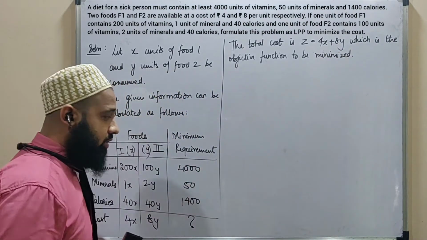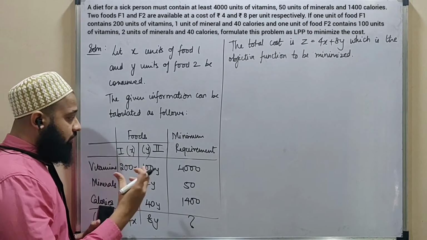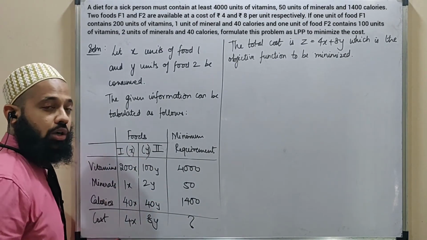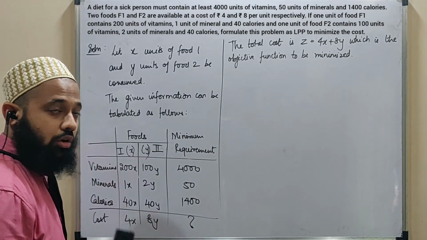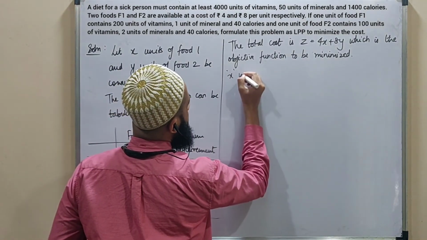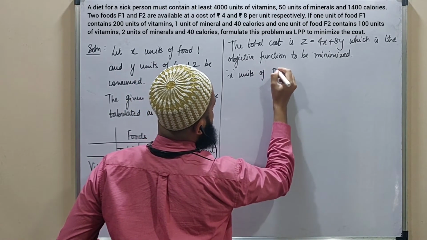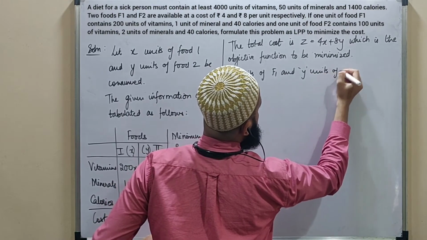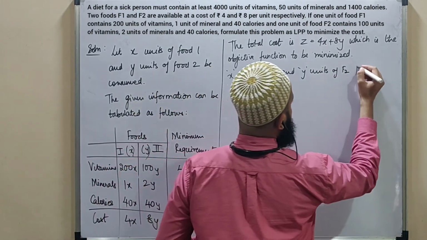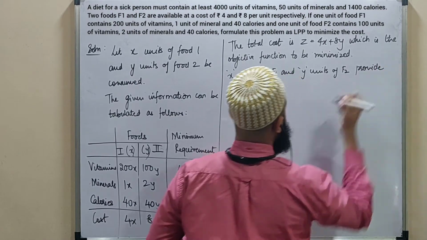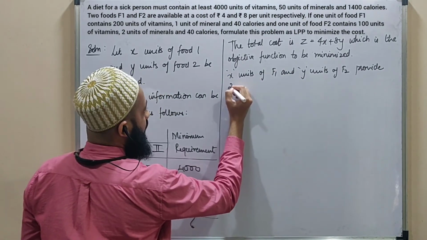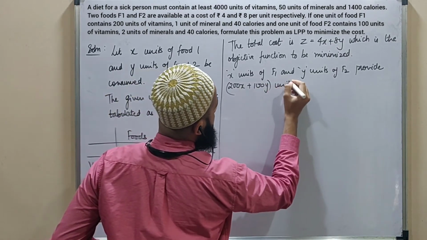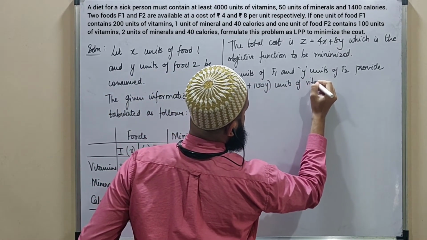Let's explain the first constraint. So we'll talk about this, that the x units of F1 and y units of F2 give us an intake of 200x plus 100y units of vitamins. So x units of F1 and y units of F2 provide 200x plus 100y units of vitamin.